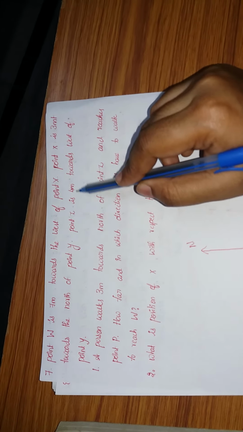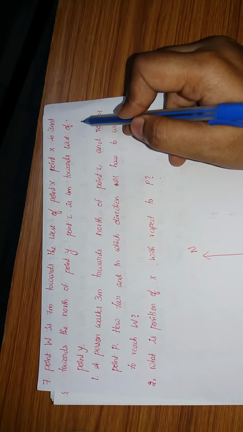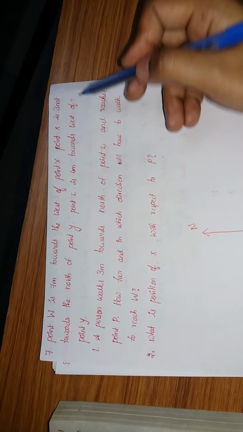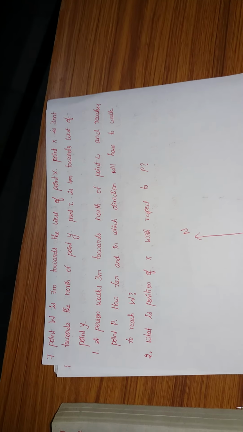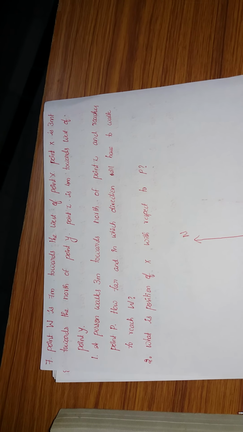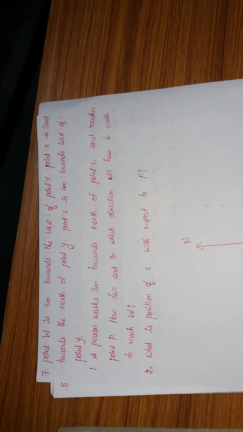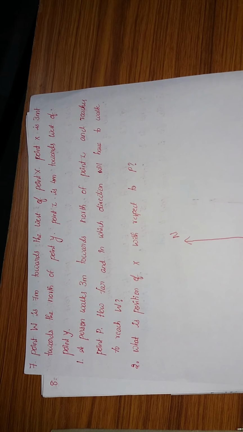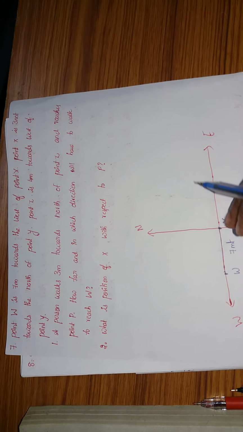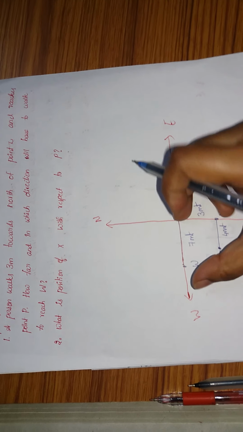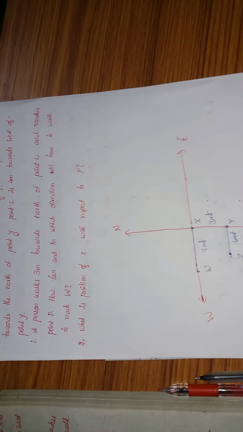And then point Z is 4 meters towards the west of point Y, at a distance of 4 meters. This length is 7 meters. This length is 4 meters. When compared to this length, it should be small.